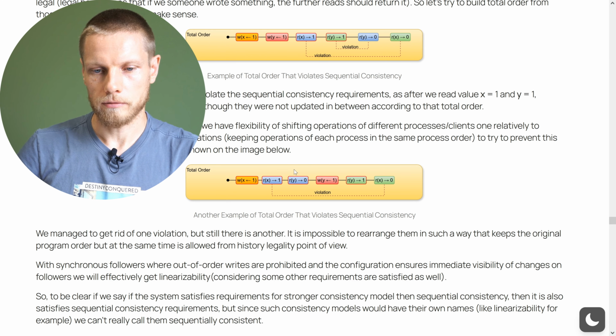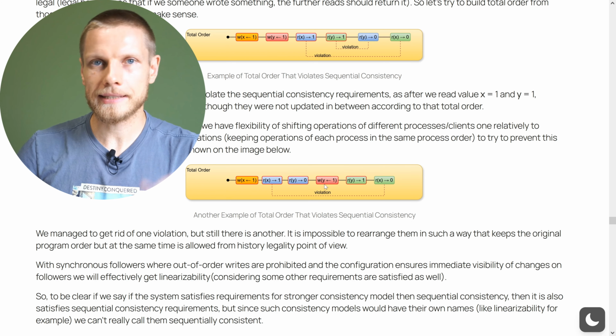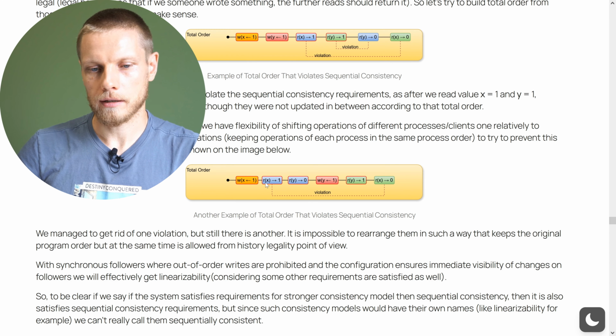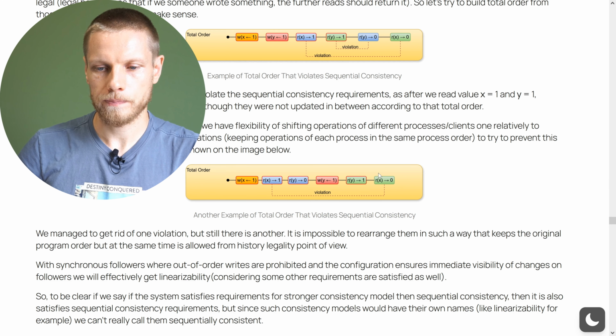First operations of client A and then operations of client B. And still there is one violation, because client A read X equals 1. After that, no one wrote anything to X, and then client B read X equals 0.